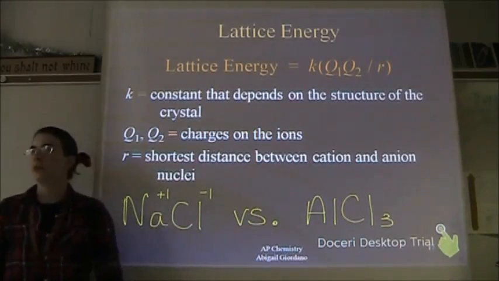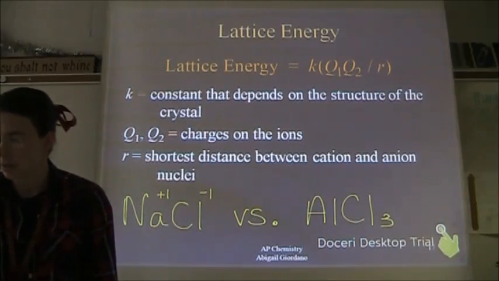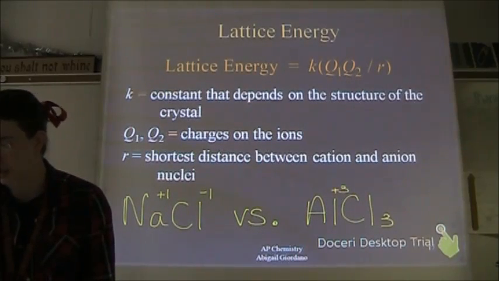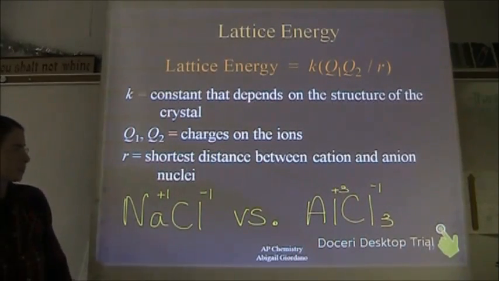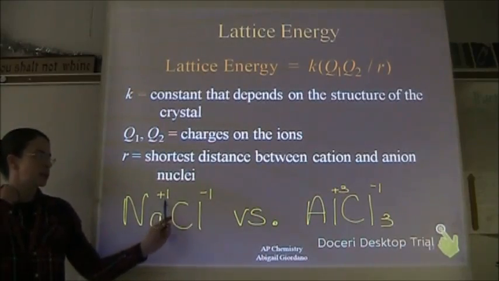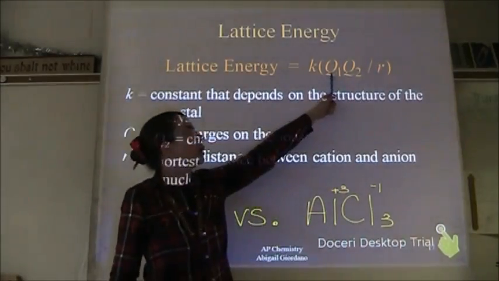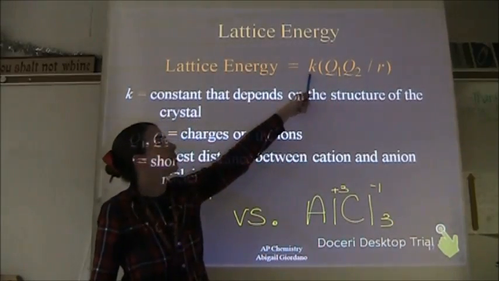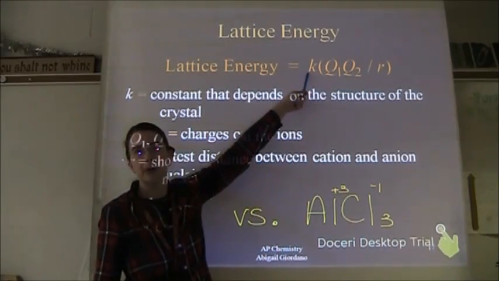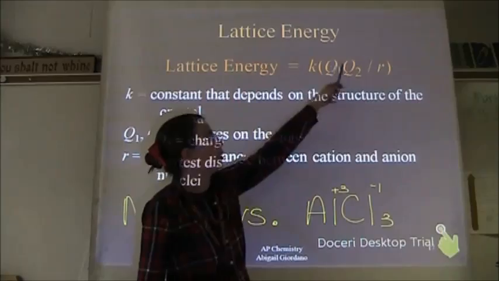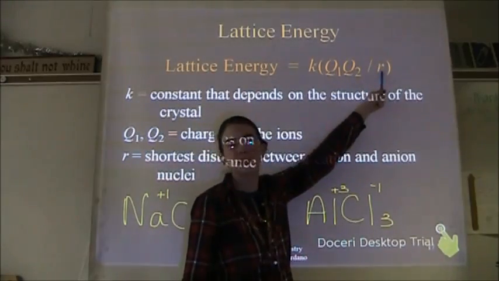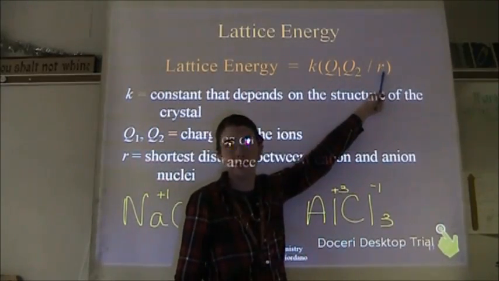How about aluminum when it's in a compound? +3, and chlorine is again -1. Okay. Take these numbers. Here's Q1, here's Q2. We're going to put them right there. K is a positive number. +1, -1, whatever this is also positive.